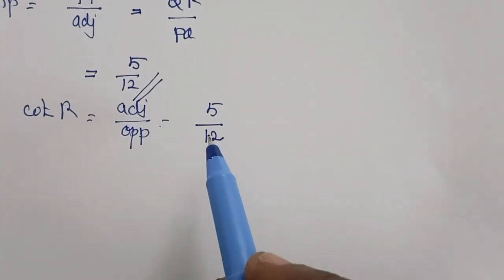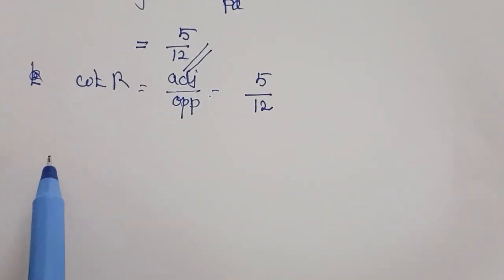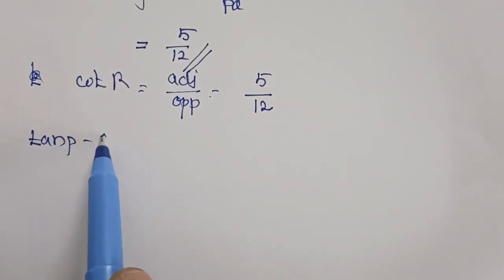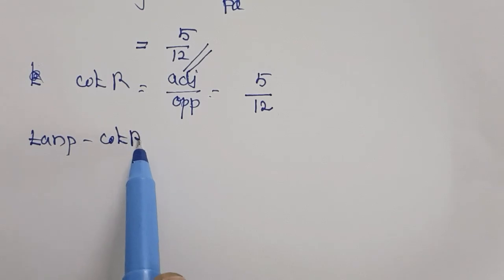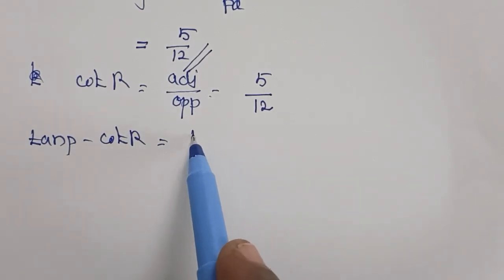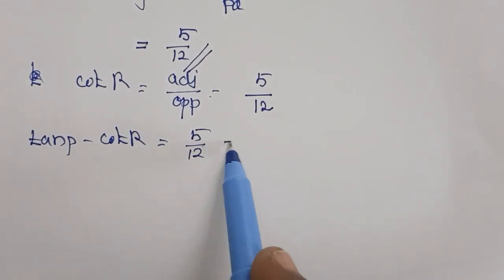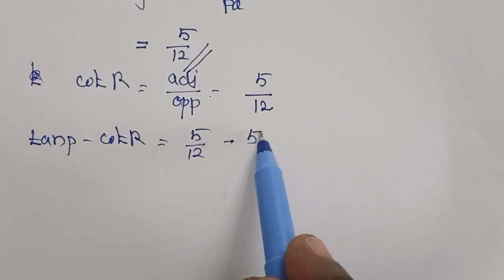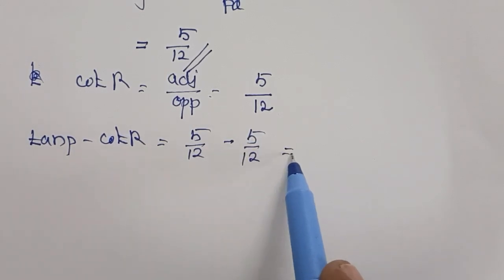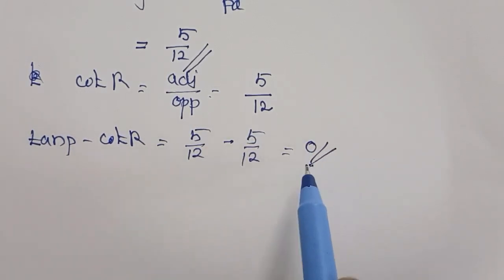So cot R is 5 by 12. Now find tan P minus cot R. Tan P is 5 by 12 minus cot R equal to 5 by 12. 5 by 12 minus 5 by 12 is 0, isn't it? So the answer is 0.